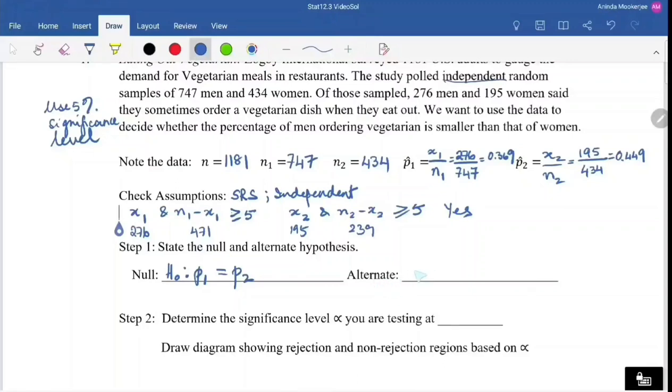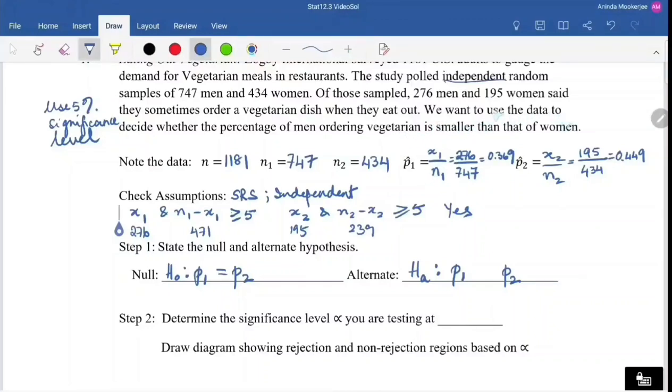For the alternate hypothesis, it's going to be H sub A colon, and then we are going to have P1 on the left-hand side and P2 on the other side, but whether we are going to put a not equal to or less than or greater than, for that we have to go back to the question, reread it. Let's see what it says.